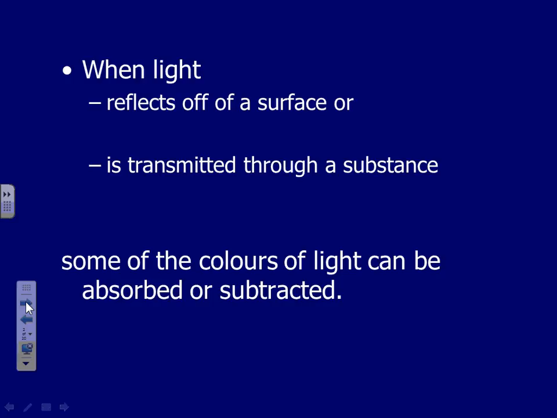There are chemicals in here that have the ability to absorb some of the light. Same with the dyes in my coat. There are chemicals in these dyes that when they strike the coat, some of the light is absorbed, but the red light is not absorbed. So what we see is actually what is not absorbed. Every other color is absorbed.